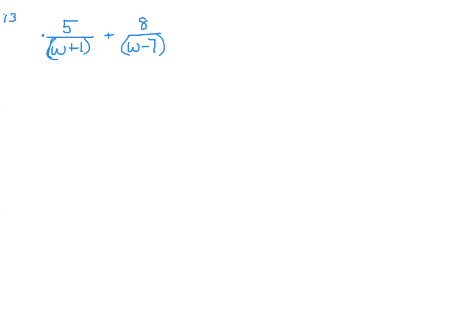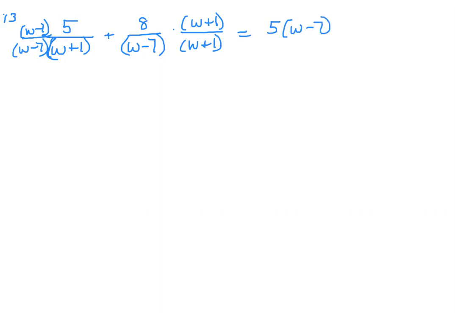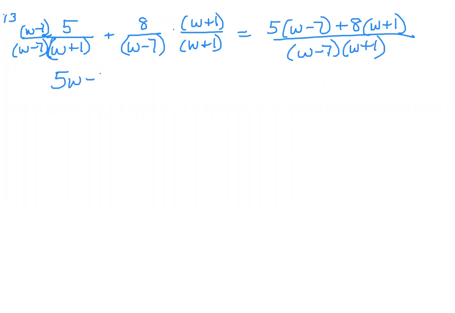We're going to have to multiply this one by w minus 7 over w minus 7, and this one by w plus 1 over w plus 1. So we end up with 5 times w minus 7 plus 8 times w plus 1 over w minus 7 times w plus 1. So let's simplify the numerator. Distribute the 5 and distribute the 8.